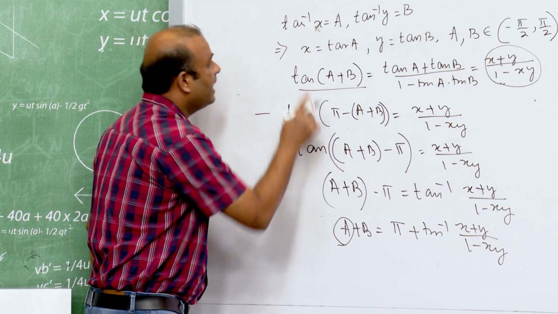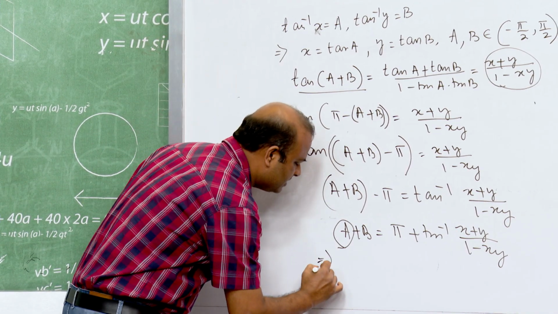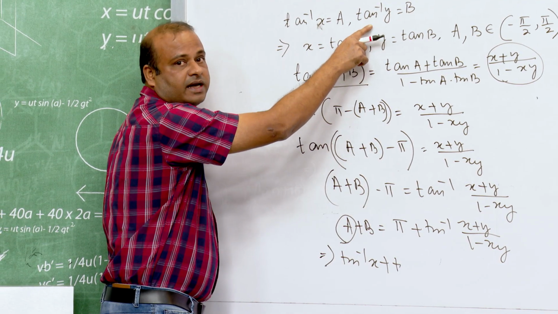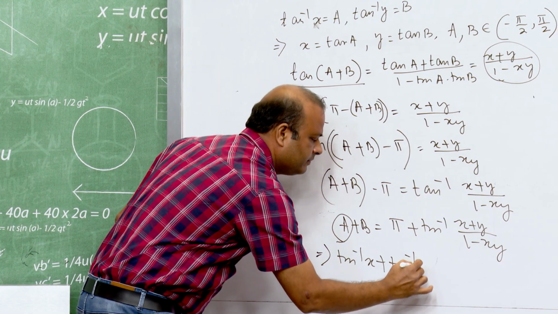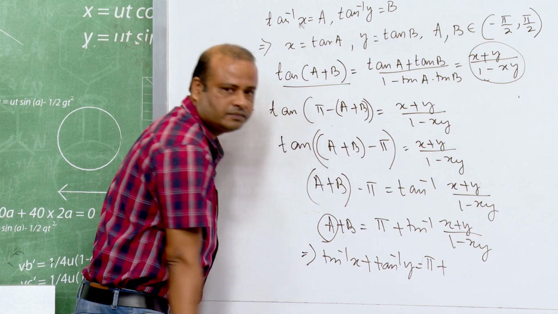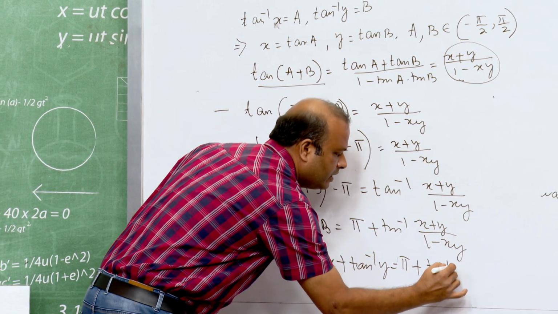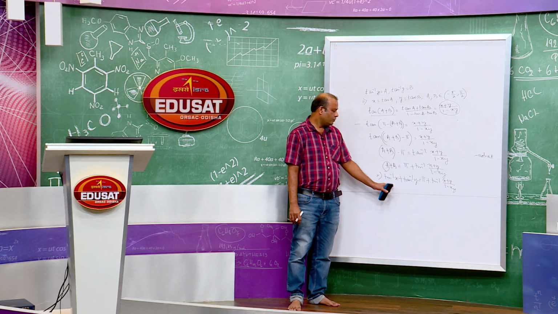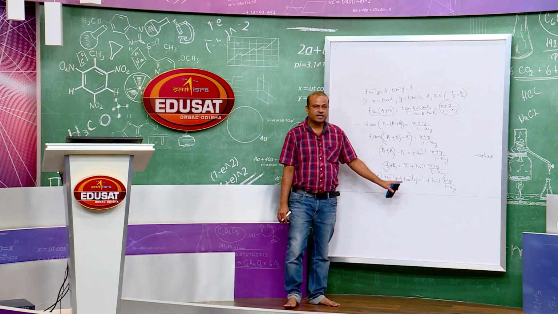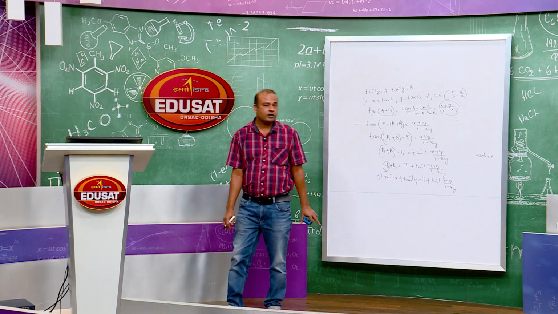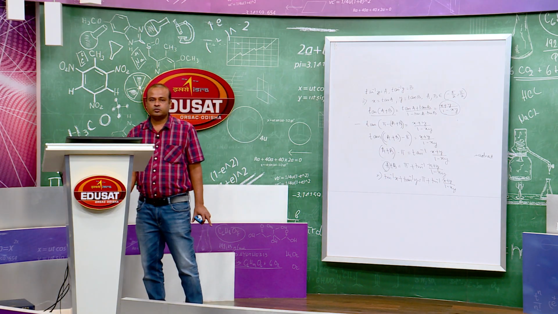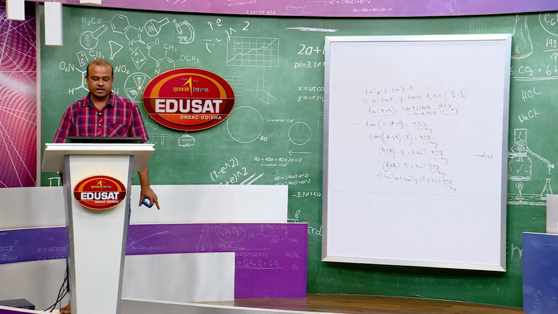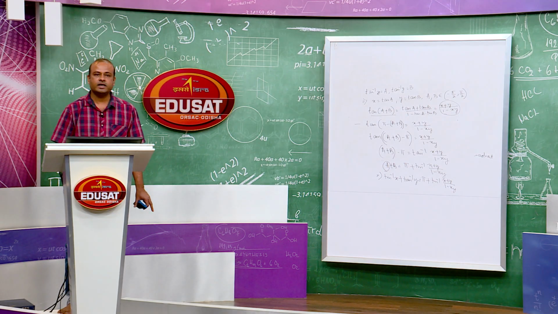Now write A as tan inverse x and B as tan inverse y. So tan inverse x plus tan inverse y is equal to pi plus tan inverse of (x plus y) by (1 minus xy). This is how we have proved it, and this is for one case, that is x greater than 0, y greater than 0 and xy greater than 1.